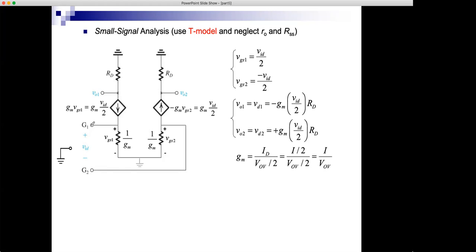VGS1 is VID over 2. Why? Because S1 is at signal ground. VG1 is VID over 2, and VS1 is a signal ground. This means that VGS1 is VID over 2. This one is GM2, so again GM VGS2, which is minus VID over 2. So I have a GM VID over 2 going up.